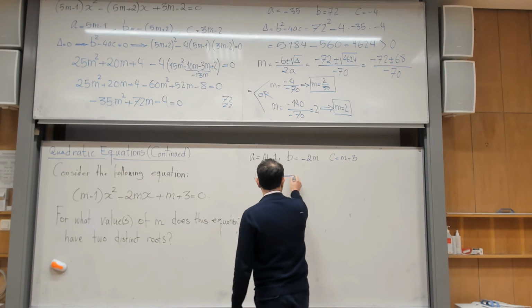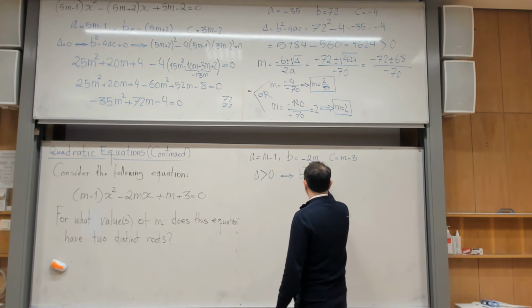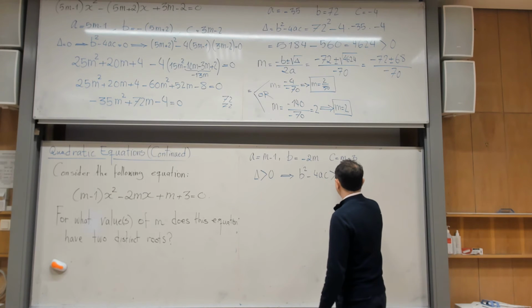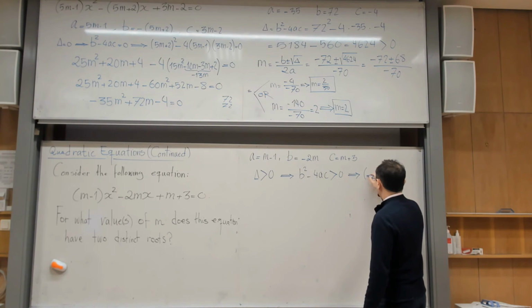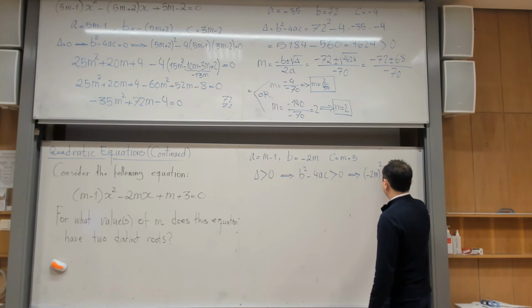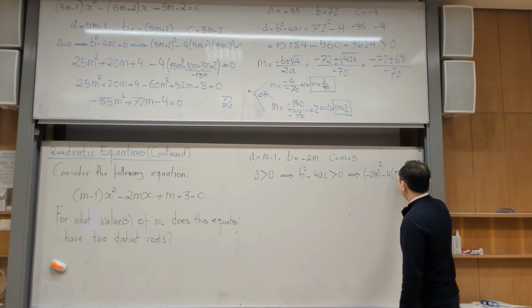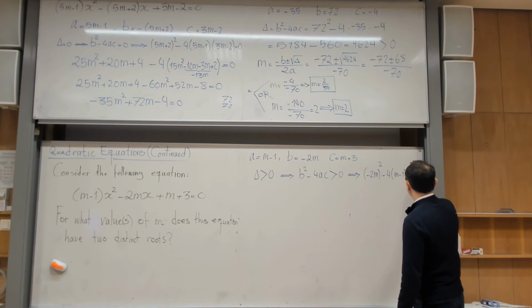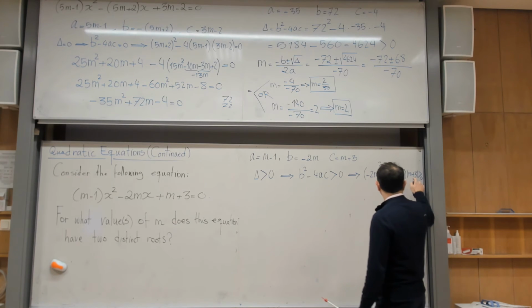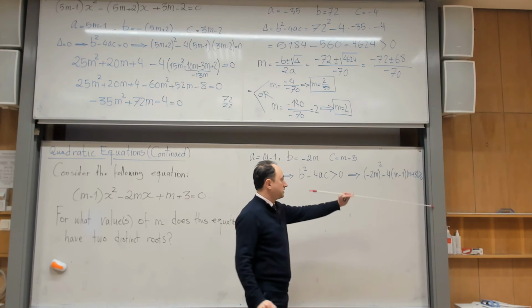Then B squared minus 4ac should be larger than 0. B squared is minus 2m squared, minus 4 times a times c, and that should be greater than 0.